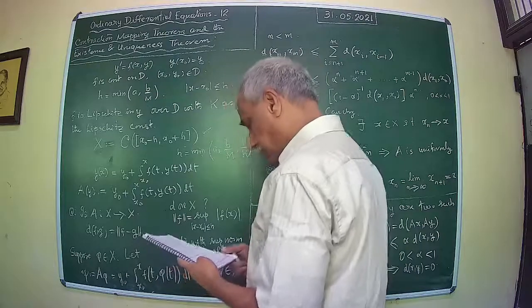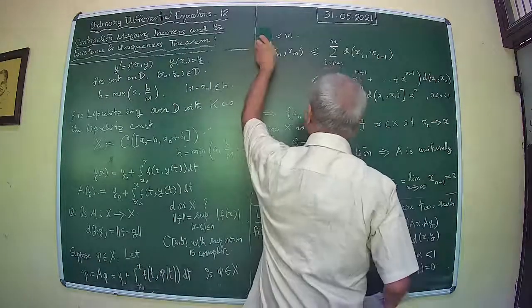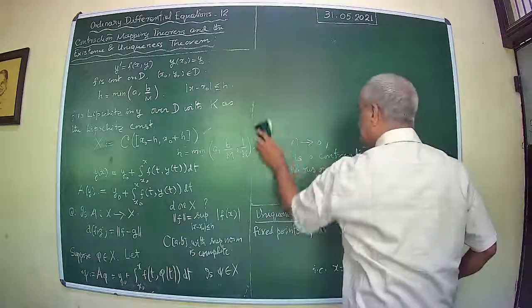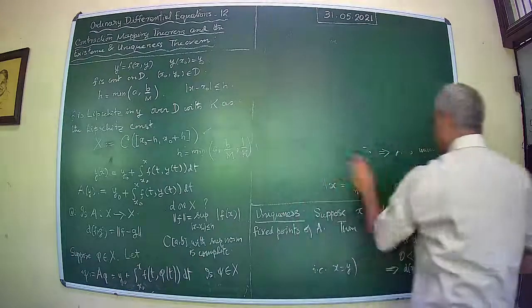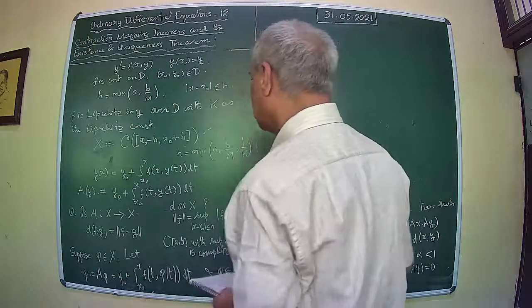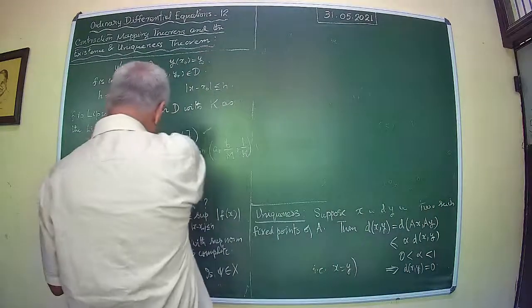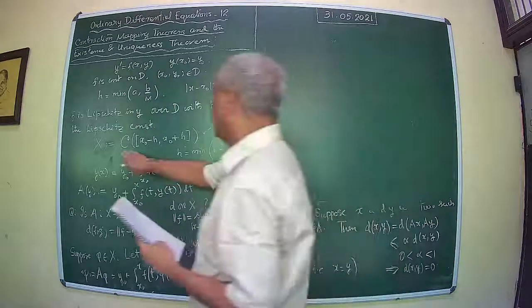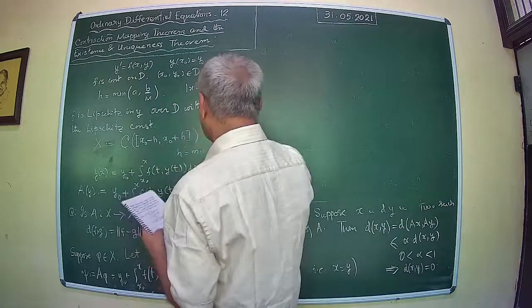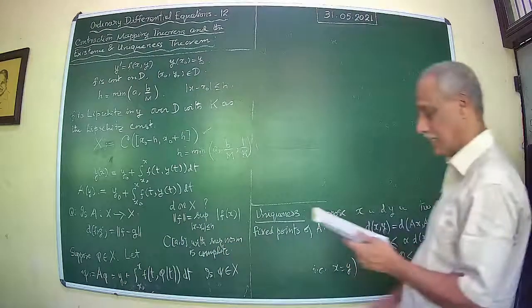So let us compute this. See, on this one, if you choose a function, then the mod of phi of y would be less than m h. That is what you can prove.